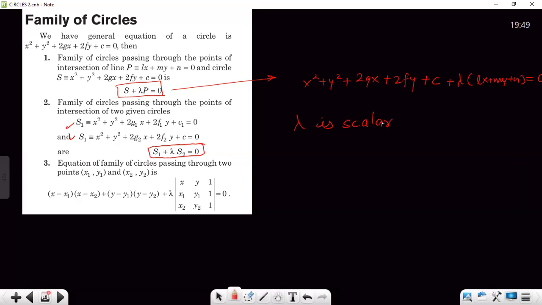And the equation of the family of circles passing through 2 points. This time this is something unique.